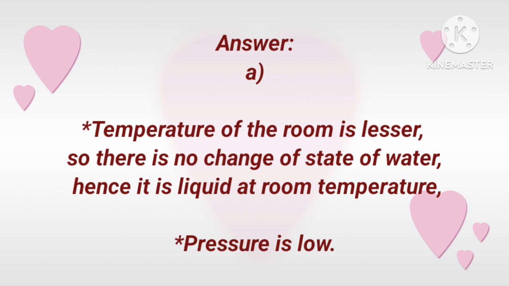The temperature of the room is very low, almost 25 to 30. In the summer season it is 30 or 35, but normally 25 to 30. So there is no change in the state of water.